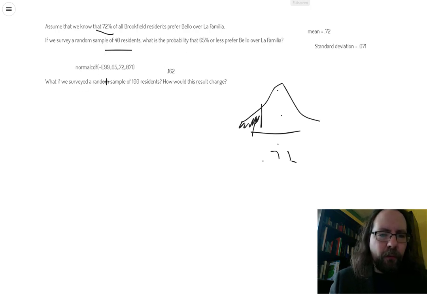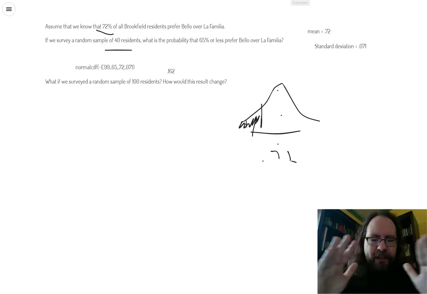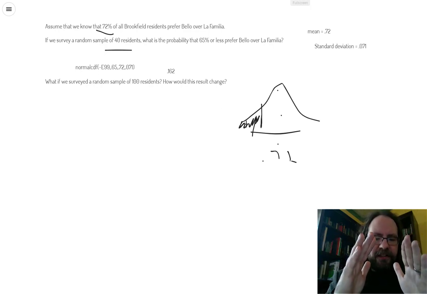So let's look at the next question. What would change if we surveyed a random sample of 100 residents? Well, our n is increasing. Our p is the same, right? So the only thing that's going to change here is our standard deviation. Specifically, the standard deviation should get smaller. And when it gets smaller, our distribution should become less spread out around the mean.